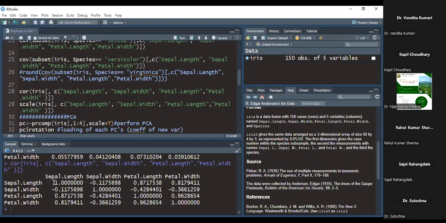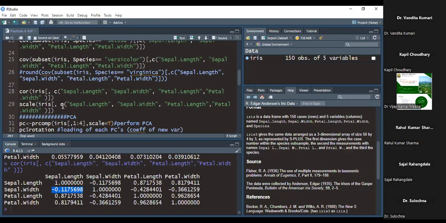See, the diagonal is 1. Why? Because the correlation between sepal length and sepal length will be 1, obviously. Sepal width and sepal width will be 1. So the diagonal values are 1. This is the correlation matrix. And again, this off diagonal value equals this value. That is the correlation between sepal length and sepal width.